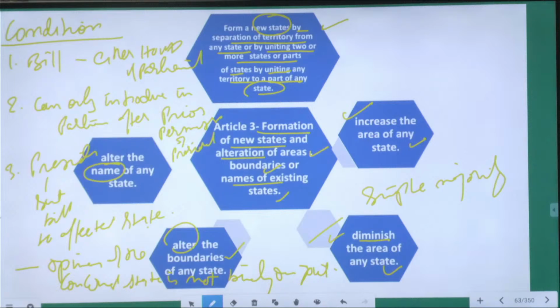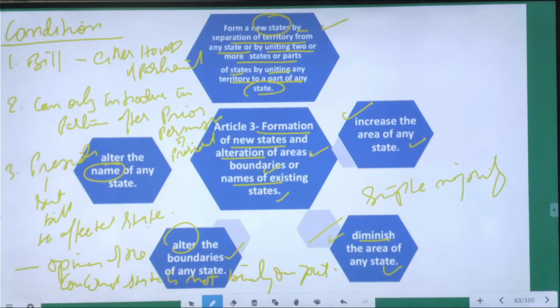The president will only inform them after the parliament has done all this. Just to inform, their opinion doesn't matter. It is not binding on the government. Even if they say, no, you cannot do that to us.